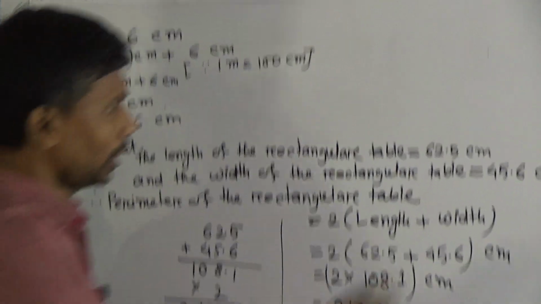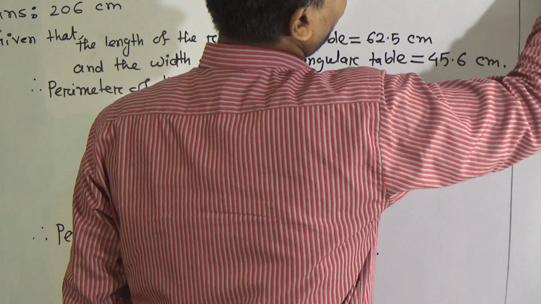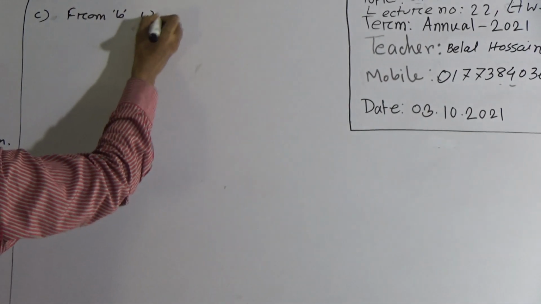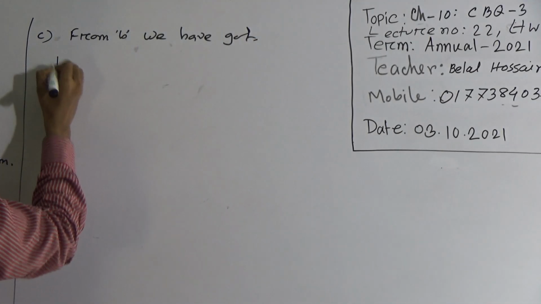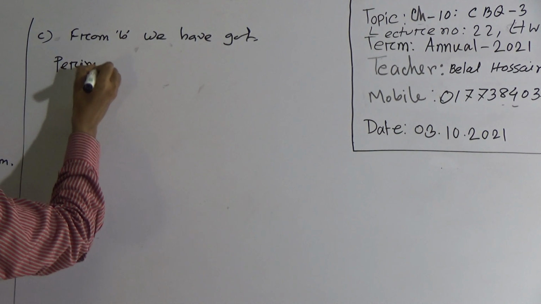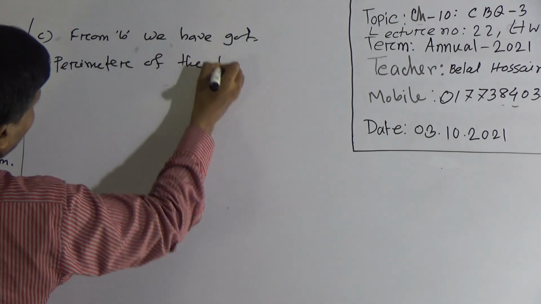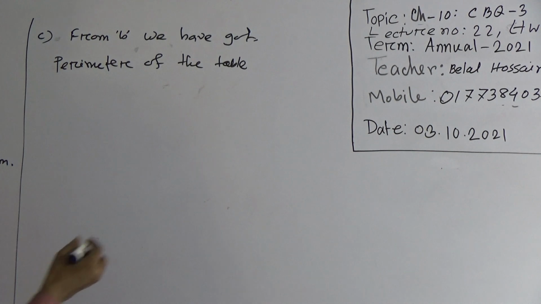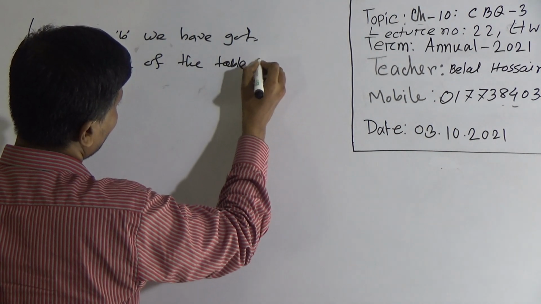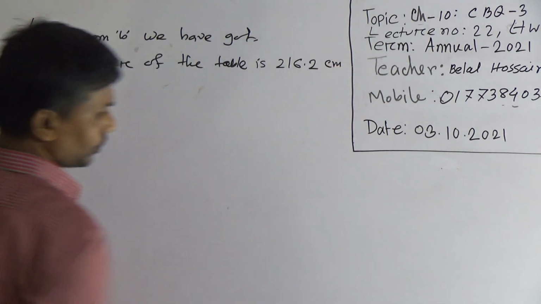Okay, all right, C number, right, from B we have got perimeter of the table is 216.2 centimeter.